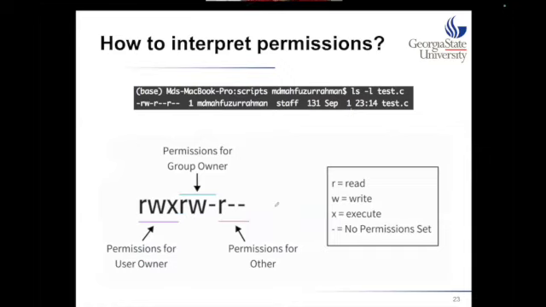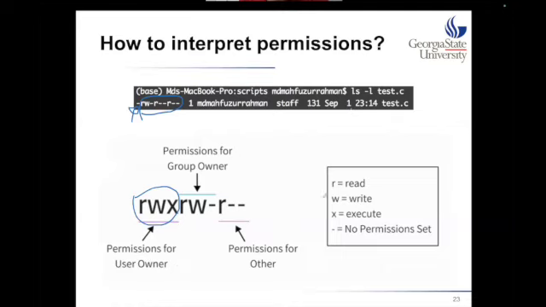Always you will see that file permission has these 9 characters. The first one is not a file permission. Please note this first character only specifies the type of the file. That means a hyphen usually specifies the regular file type. These first three mean permissions for the user owner.